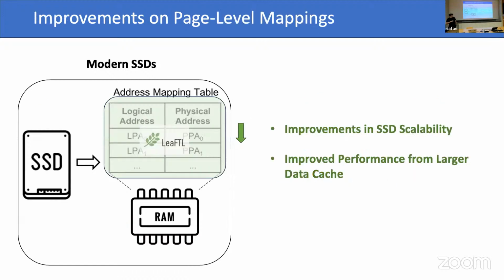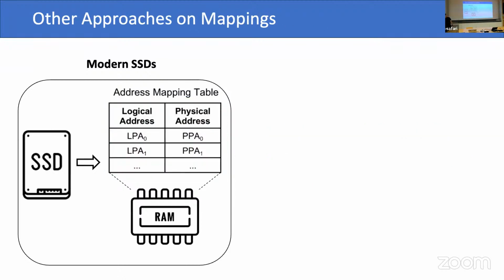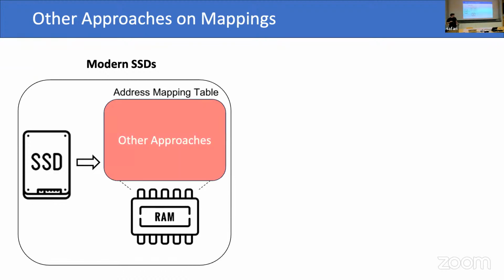So what LeaFTL does is try to reduce the memory footprint of the address mapping table, such that we have improvement in SSD's capacity and improved performance from a larger data cache. We can take a look at other mappings that have been done.